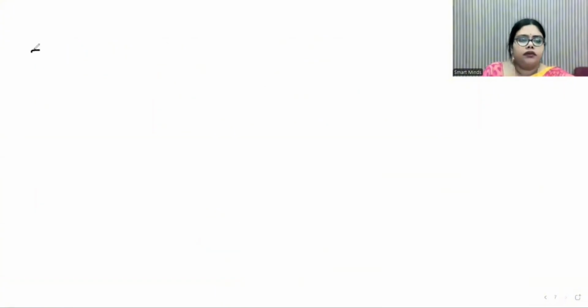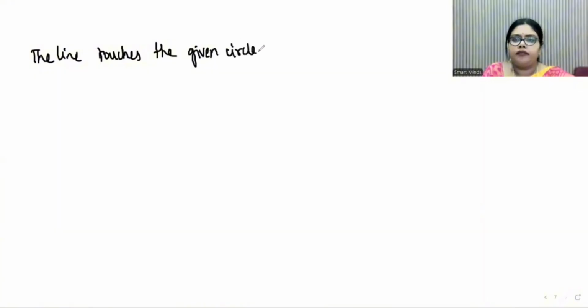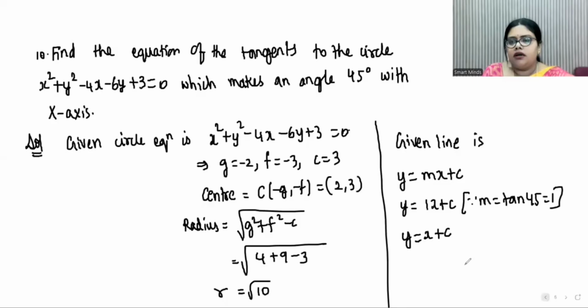Now, the line touches the given circle if and only if r is equal to d. So in the place of r, we will take root 10 is equal to, now see here the line we got is y is equal to x plus c.